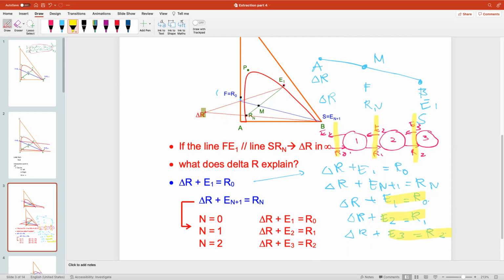Any line that passes through delta R will tell you the correlation of the operating line between R and the respective E coming from the next stage. So it tells you the relationship between Rn and also E1.